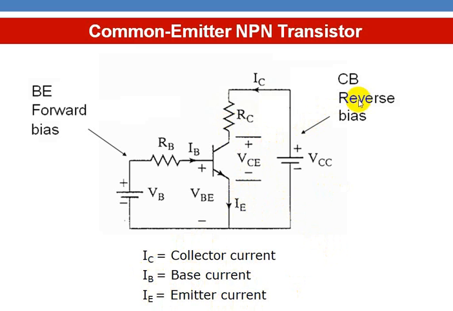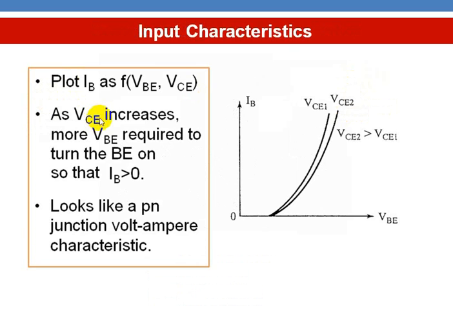Always remember that in the active region, the collector base junction is reverse biased whereas the base emitter junction is forward biased. Coming to the input characteristics, it is the curve drawn between IB and VBE.